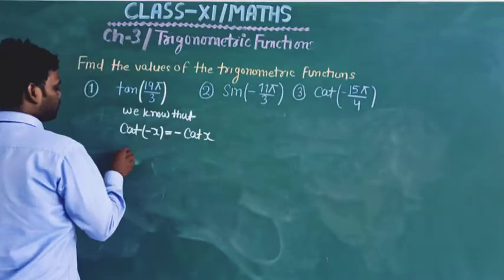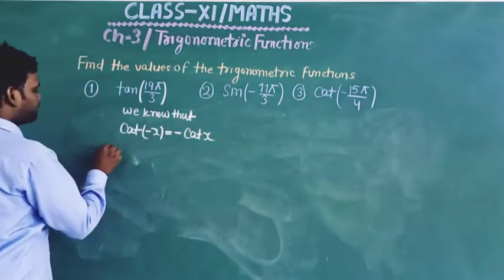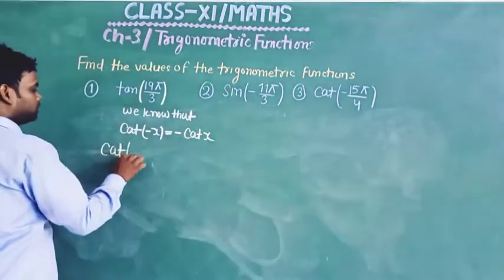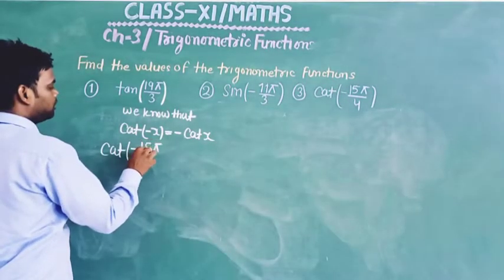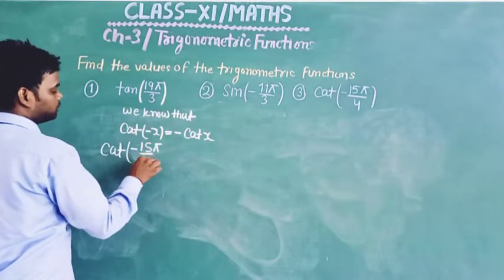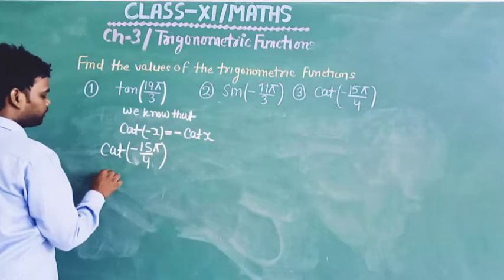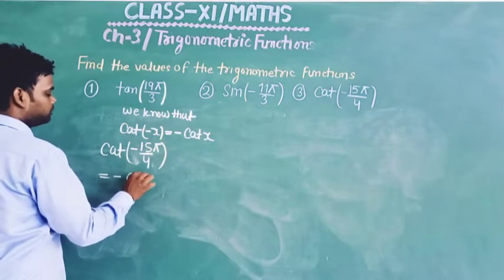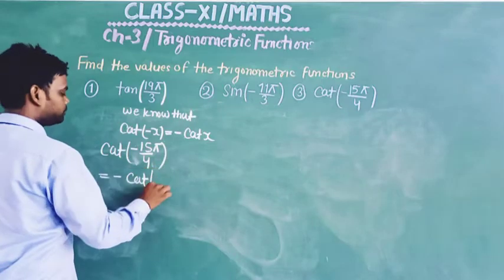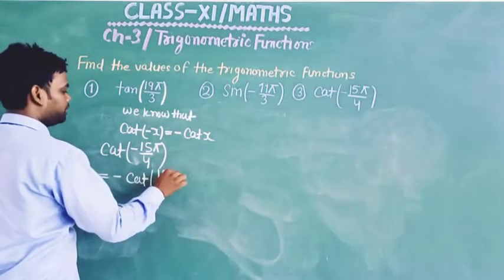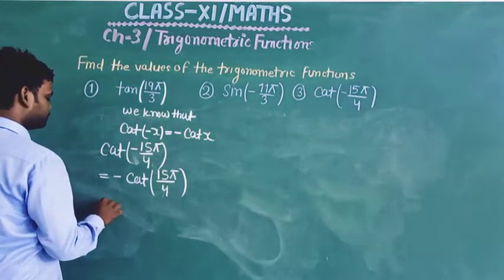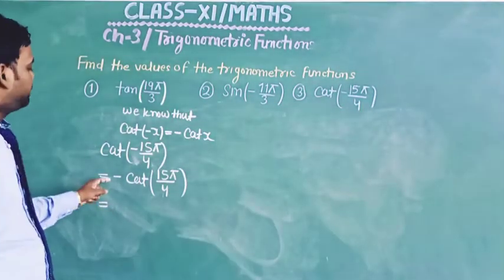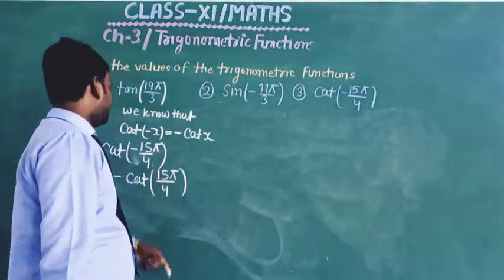So therefore the value of cot minus 15 pi by 4 is equal to minus cot 15 pi by 4.